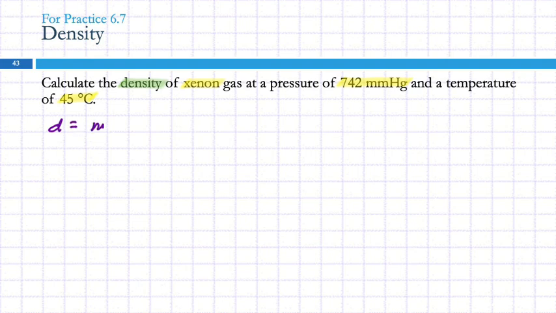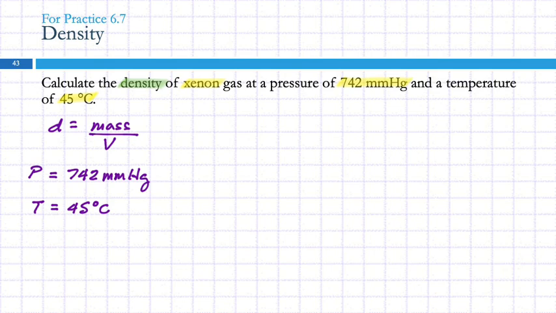Density is mass divided by volume. And then we've got some numbers, 742 millimeters of mercury and 45 degrees Celsius. The millimeters of mercury, that's my pressure, and this is a temperature. So I need the mass of this and the volume.